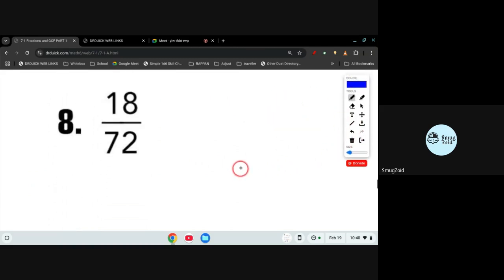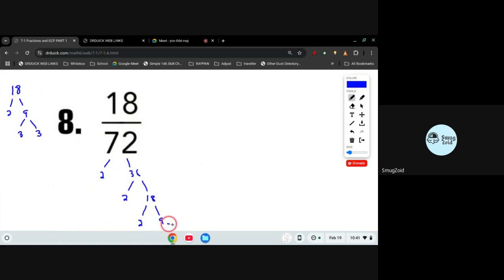And for number 8, ooh, 18 and 72. I know there's a 9 in here. If I take 18, it's 2 times 9, 3, 3. I'll do 72 here. 72 divided by 2 is 36, 2, 18. Let's go 2 and 9.